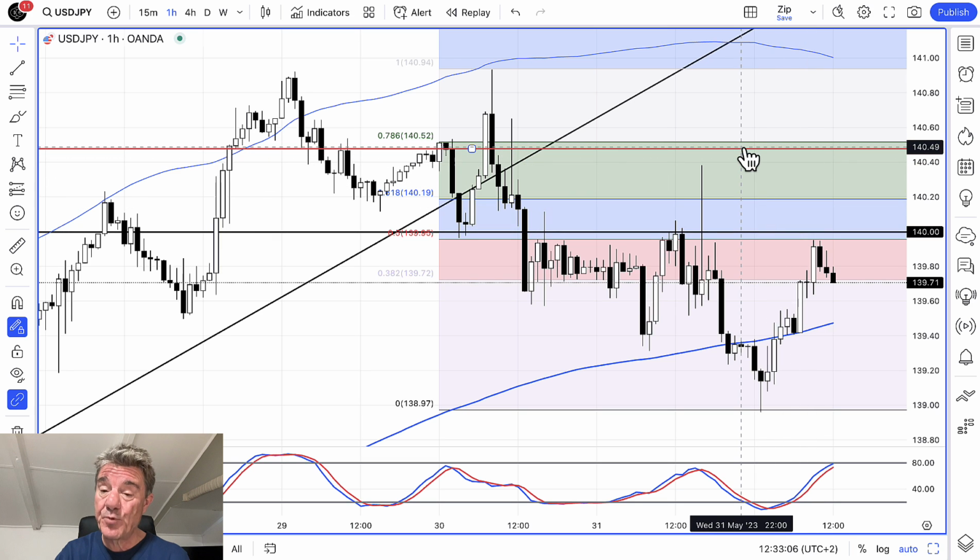If we get to 78.6% Fibonacci, the 786 fib, the famous, my favorite fib actually, and reverse there, the chance of a reversal at that point becomes significantly lower.